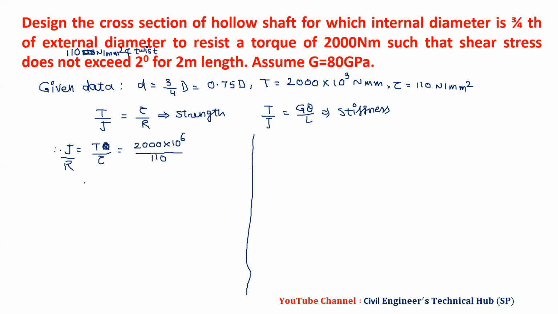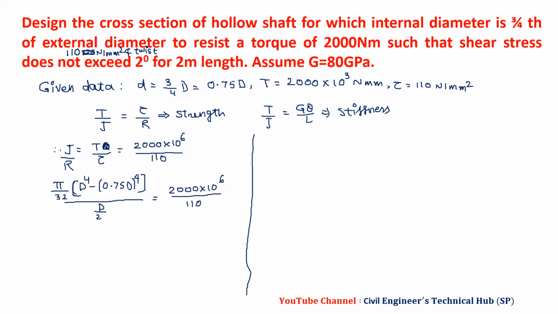Now from this we will get value of J by R. Now J we know, so we have pi by 32 D4 minus 0.75 D to the power 4, upon R we have D by 2. And so we have this equal to 2000 into 10 raised to 6 divided by 110.